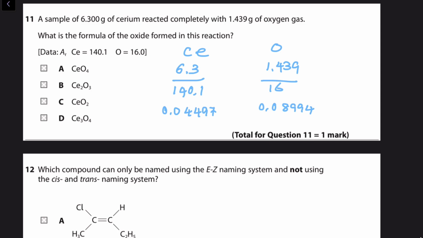You can divide both by 0.04497. Then you get the ratio. Ratio is 1:2. Therefore, the formula is CeO2. So the correct answer is C.